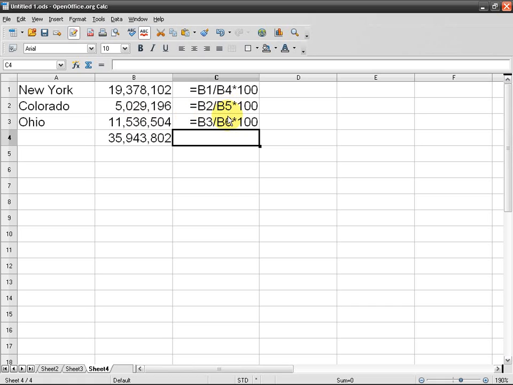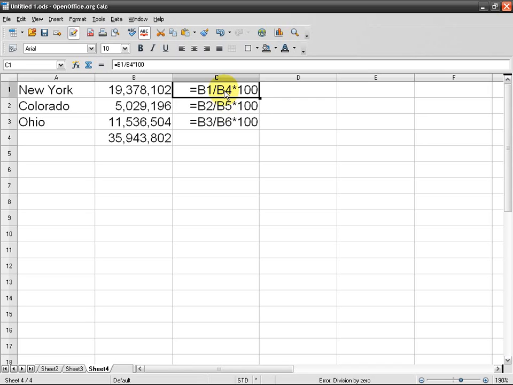In all cases, we want it to be B4, because the cell containing the value of the total population does not change no matter the state. So we want B5 to be B4, but by nature it is automatically and dynamically changed.